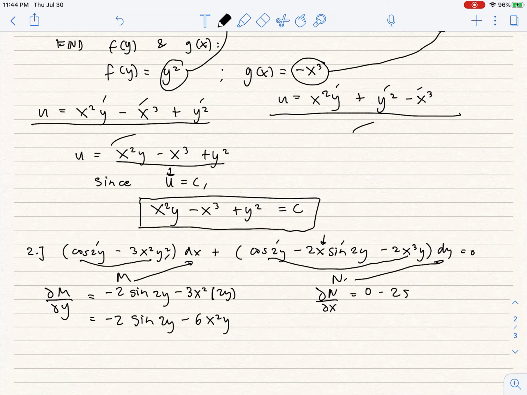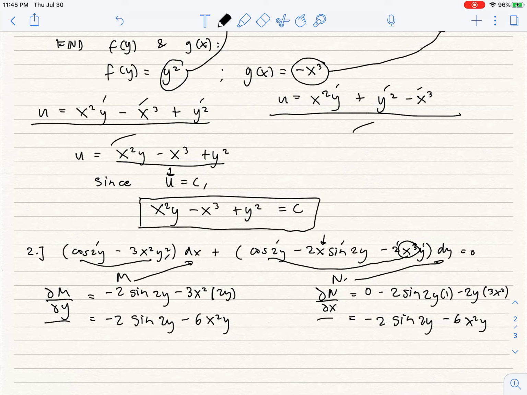So copy 2 sine 2y, then the derivative of x is just 1. Okay, minus constant ang 2 ug y, differentiate this. So this is just 2y, then the derivative of x cubed is just 3x squared. Simplify, this is just negative 2 sine 2y, then minus 6x squared y.